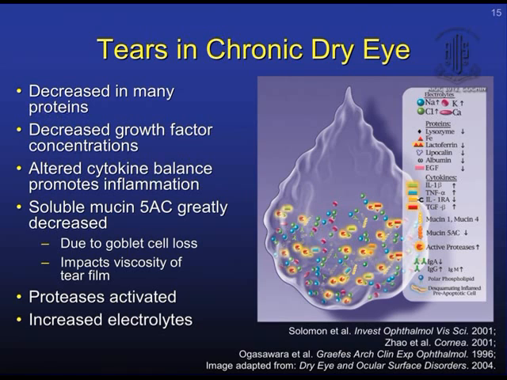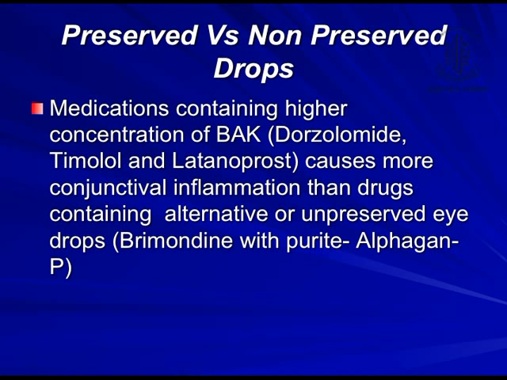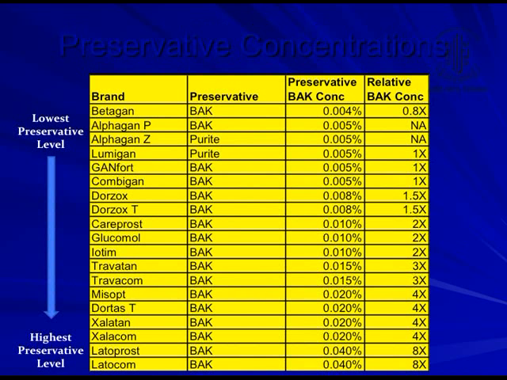In chronic dry eye, especially when patients are on long-term anti-glaucoma medication, so much happens in the precorneal tear film. Medications containing BAK, especially higher concentrations of BAK like dorzolamide, timolol and latanoprost, cause more conjunctival inflammation than drugs containing alternative preservatives or unpreserved eye drops like brimonidine with Purite, that's Alphagan P.